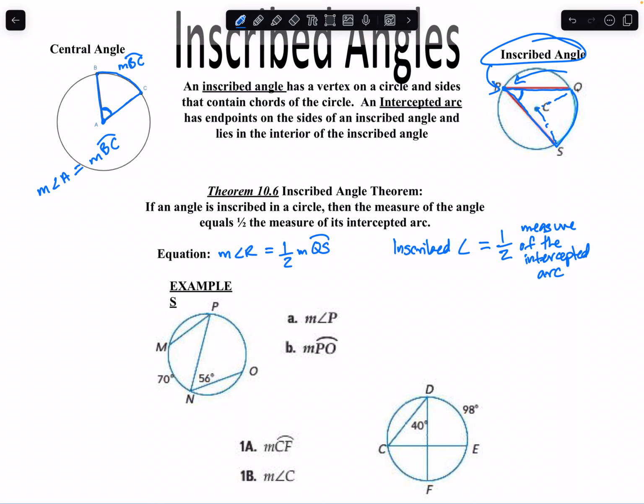So whatever angle QS is, we take half of that, and that's the measure of angle R.